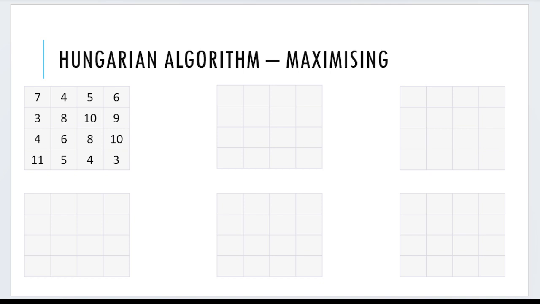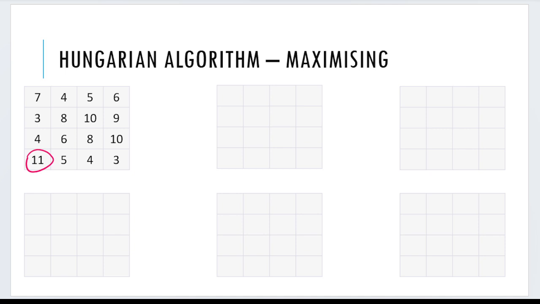Now, the first thing that we do when we're doing a maximizing problem is we look at our matrix and effectively invert it. What I mean by inverting it is that we look at the biggest number in there, which is 11, and we subtract everything else from that 11.